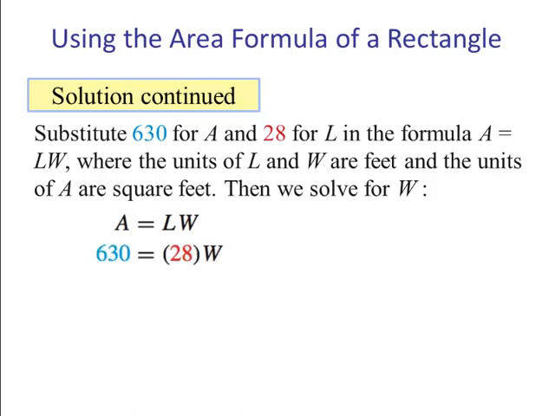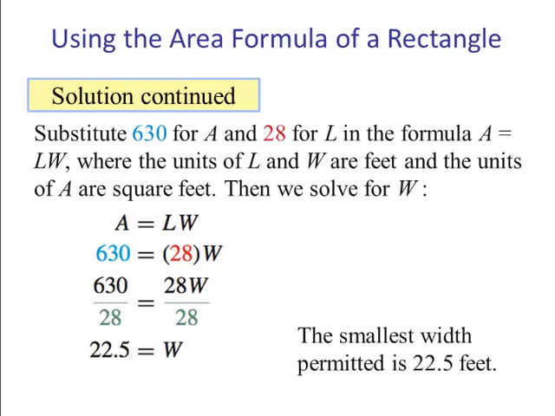Area is 630. Length is 28. So we have an equation. To get W by itself, we divide by 28, and we have the width being 22.5. So the smallest width permitted by code is 22.5 feet.